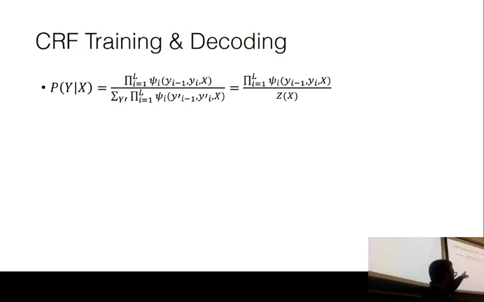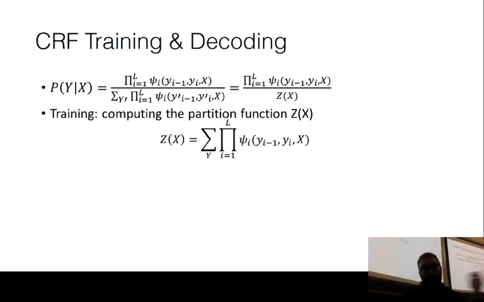The problem is this denominator, this z of x, which basically sums over all possible sequences, all possible outputs. So during training, the hard part is exactly computing that z of x, this summation over all these outputs. If you were to write it down, that's what it would look like.